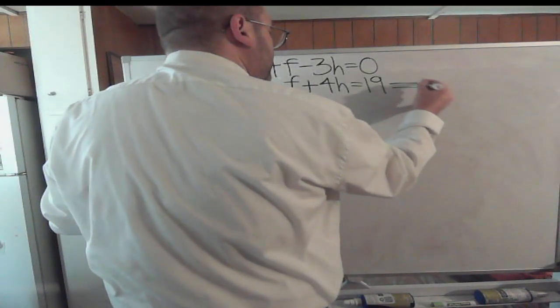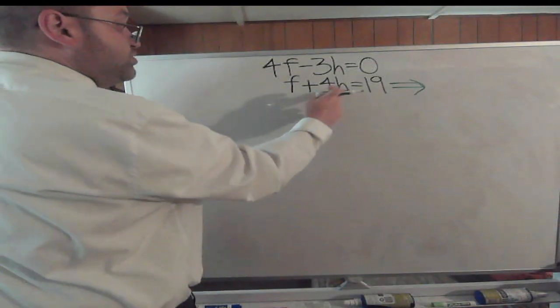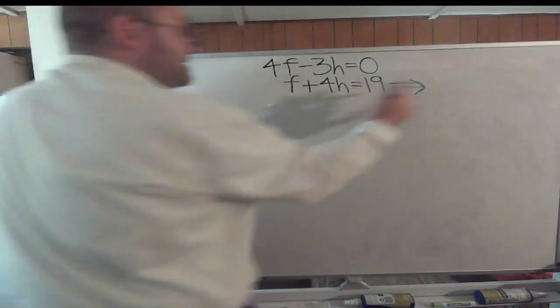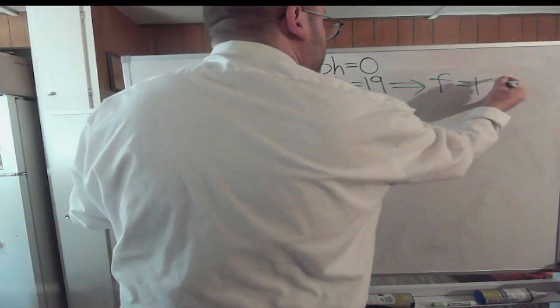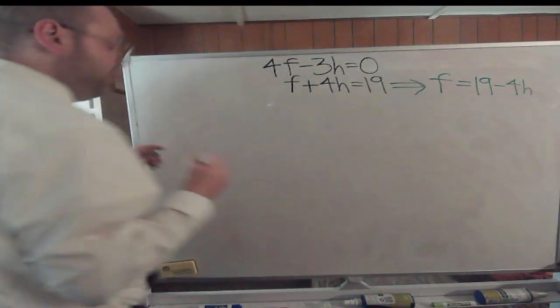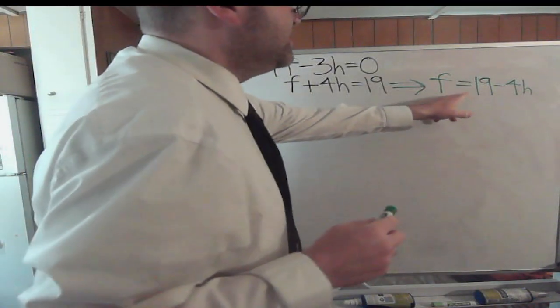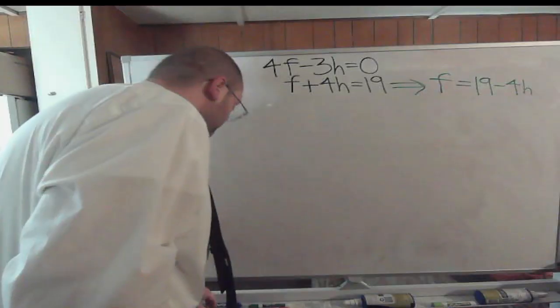So I'm going to draw an arrow here for the second equation. If I subtract 4h from both sides, I do get f by itself. F would end up equaling 19 minus 4h. So f equals 19 minus 4h in the second equation. I now have something I can work with for substitution.